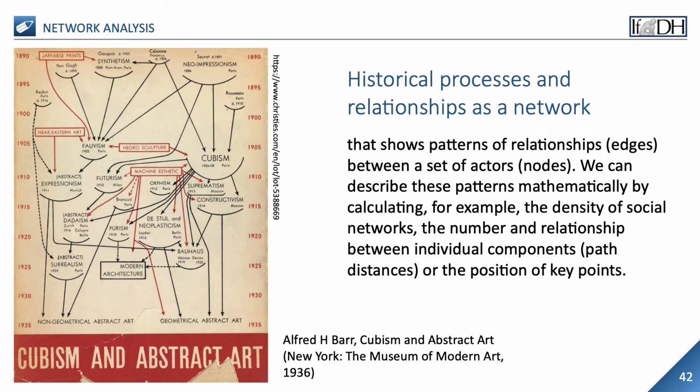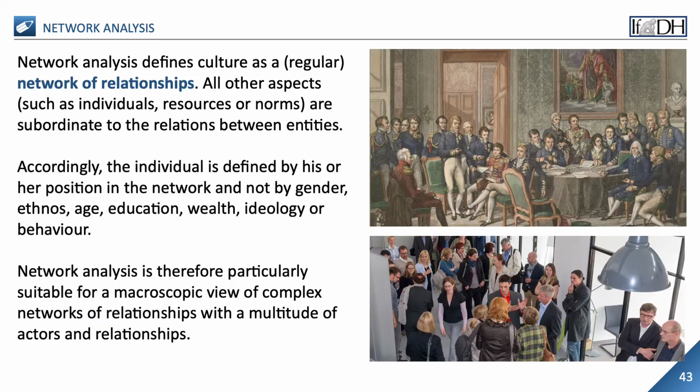Here, relationships can be represented very concretely in teacher-pupil relationships, or they can be taken further as a model of influence by describing networks of relationships between different directions and styles, as Alfred H. Barr already demonstrated in his legendary work Cubism and Abstract Art from 1936.